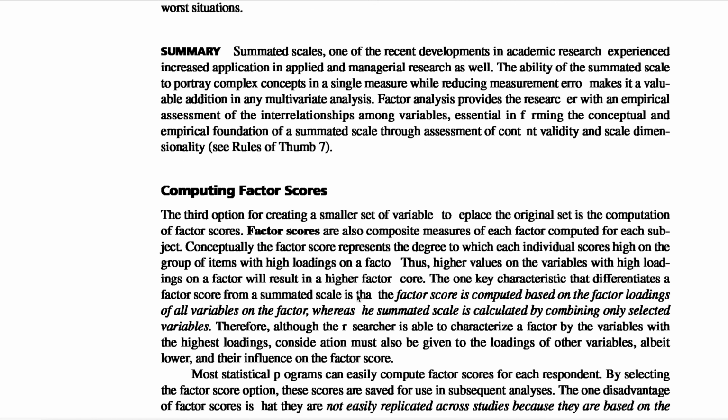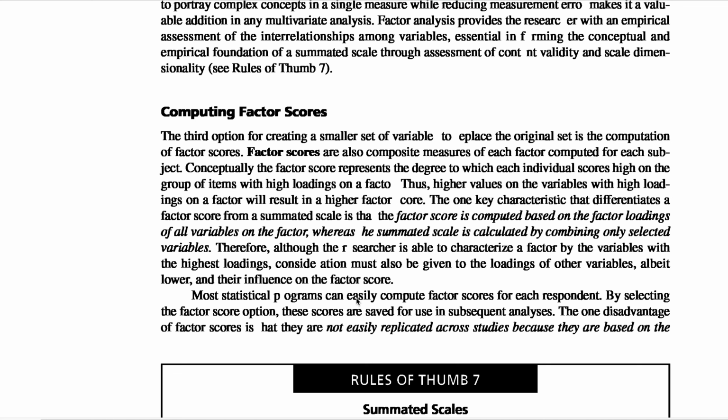Let's talk about computing factor scores. The third option for creating a smaller set of variables to replace the original set is the computation of factor scores. Factor scores are also composite measurements of each factor computed for each subject.